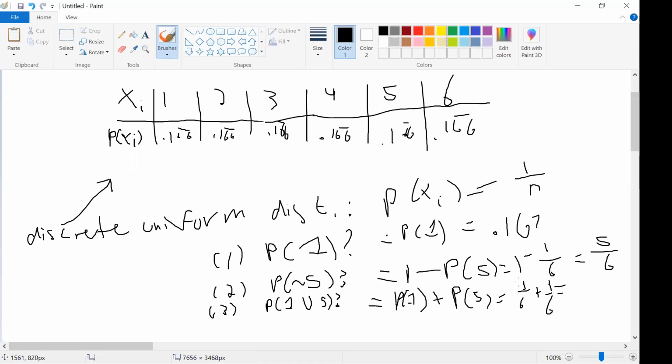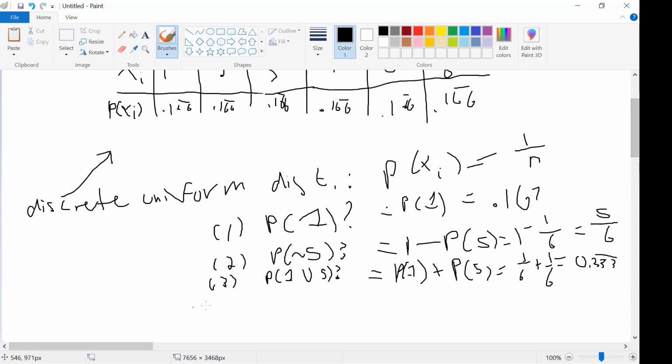That's 1/3, which I can write as 0.333, and so on. In WebWork, you can put 0.333, and it'll take that. And finally, let's suppose now I asked you, what is the probability of rolling at least a 5 or higher?